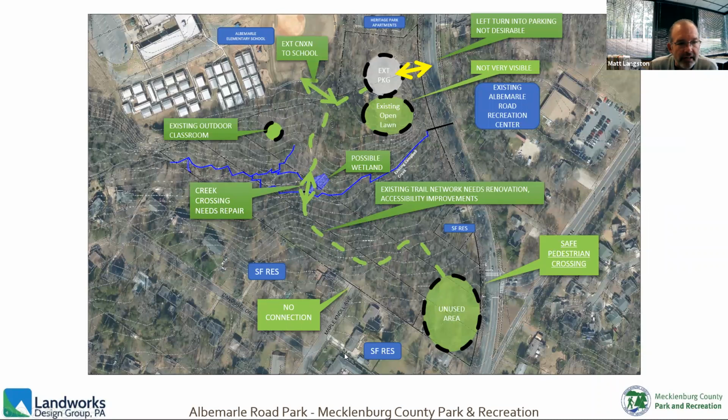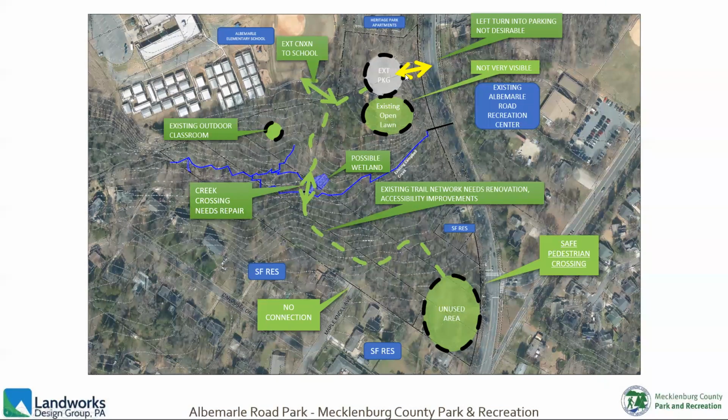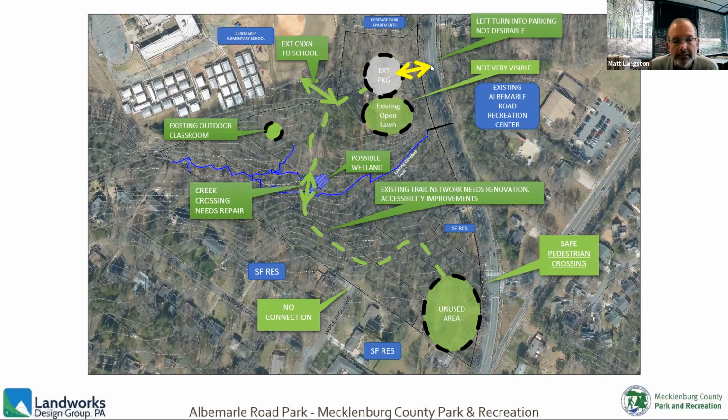As we've refined that a little bit on this slide, this is an existing conditions component of the site analysis. So starting from top to bottom, Harris Boulevard, we have a full movement driveway into this existing parking lot, and there's a lot of traffic on Harris Boulevard.